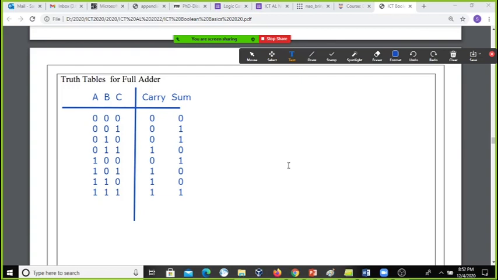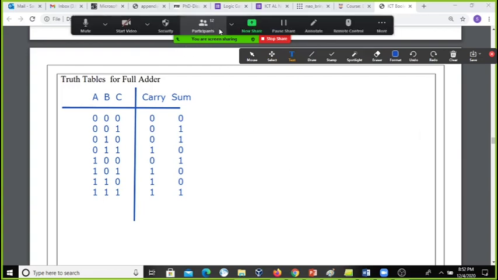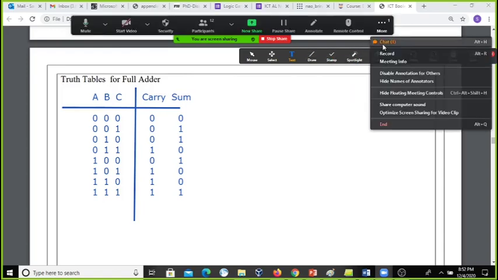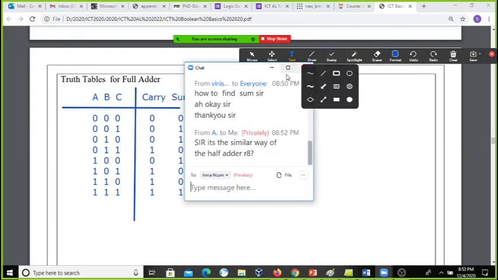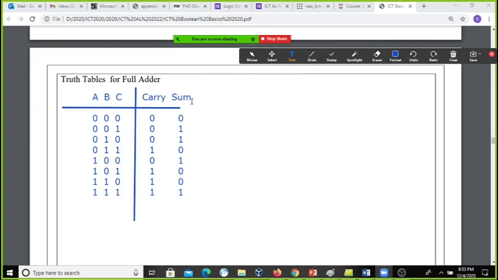We want to get the expressions. Now you can see for the expressions we can get, yeah, it's the same as the half adder, but in the half adder these two were written in the other order.